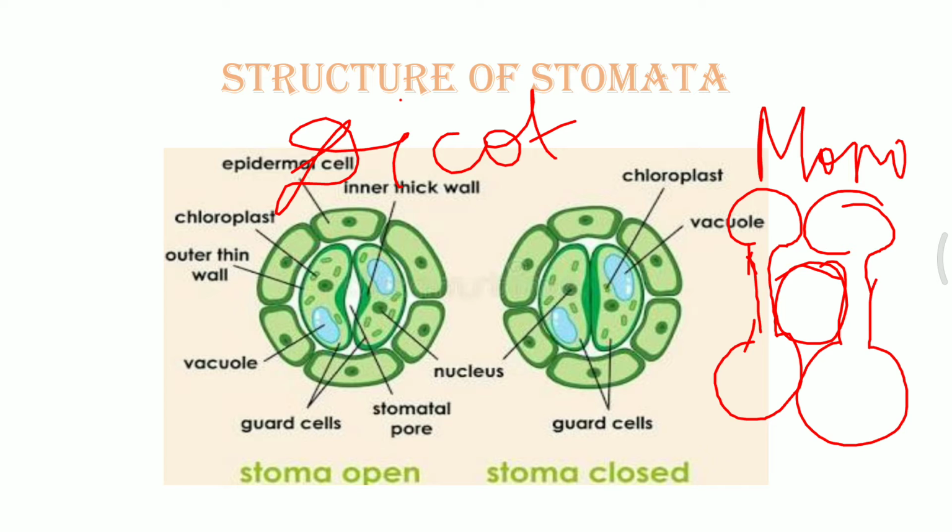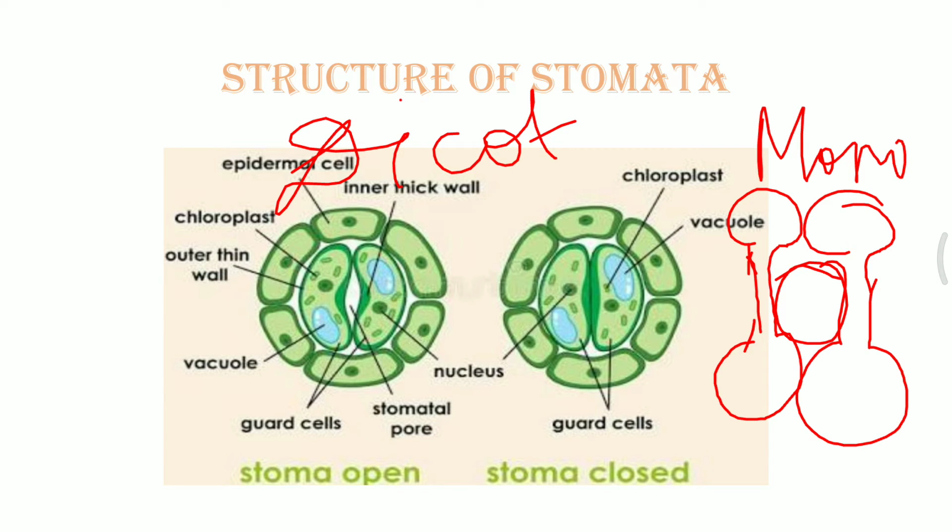So there are three things which are important in case of the structure of a stomata. First, the stomatal structure is formed with the help of guard cells, and these guard cells are dicotyl. In the dicot plants, they are kidney shaped, whereas in monocotyledonous plants, they are dumbbell shaped. The structure of guard cell consists of a nucleus, a thicker inner membrane, whereas the outer membrane is thin.